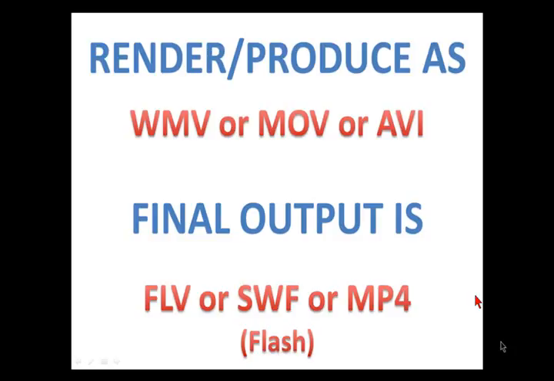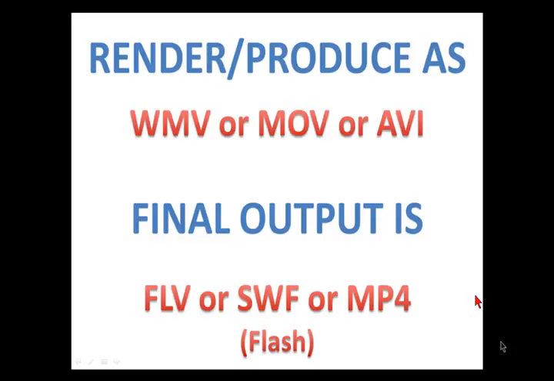You're going to render your finished product as either an AVI or a WMV and send it up to YouTube, or send it over to DVD Architect to make a DVD, or maybe you're going to take it to another product and turn it into a flash output for final use on even a CD.